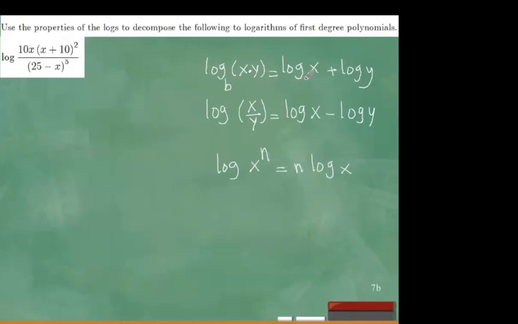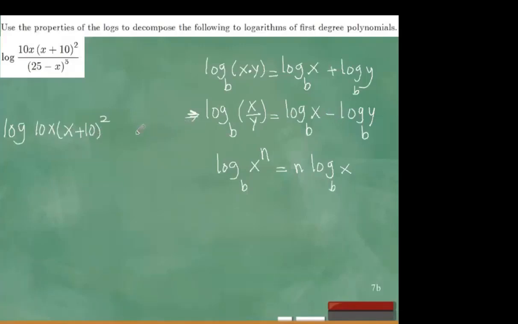The base would be the same for all these. I'm going to put b for all of them. If not, it's 10. So in this example, I have log of x over y. This is what I'm going to start with. I'm going to write this as log of, my x would be all the terms at the top of the fraction, which would be 10x times x plus 10 squared.